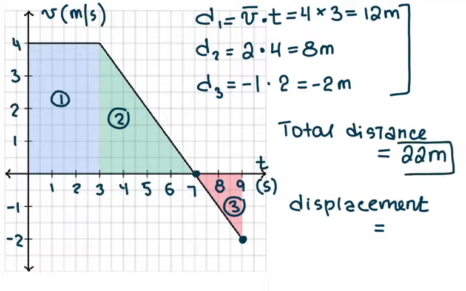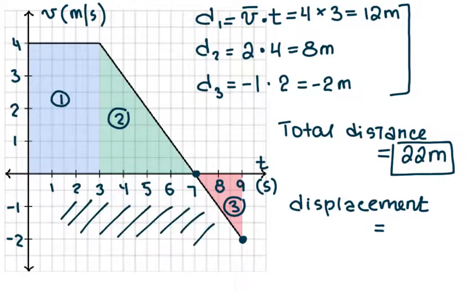But because one of them is traveled in the opposite direction, you see the velocity was positive, and then in this area right here, the velocity is negative. So you have positive velocity, and all of a sudden you have a negative velocity. So it went to the 0 velocity, because it's a velocity graph, right? It went to the 0 velocity, and then it started traveling in the opposite direction. So the total distance traveled is 22 meters, but the displacement is 18 meters.